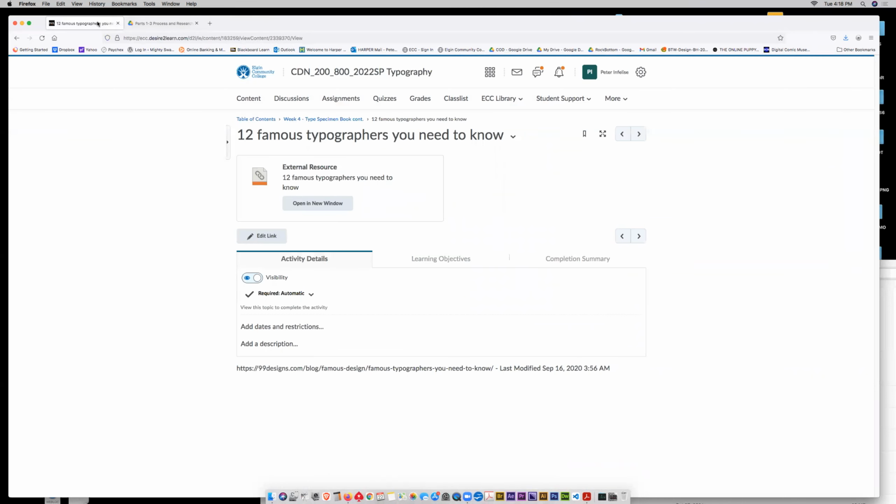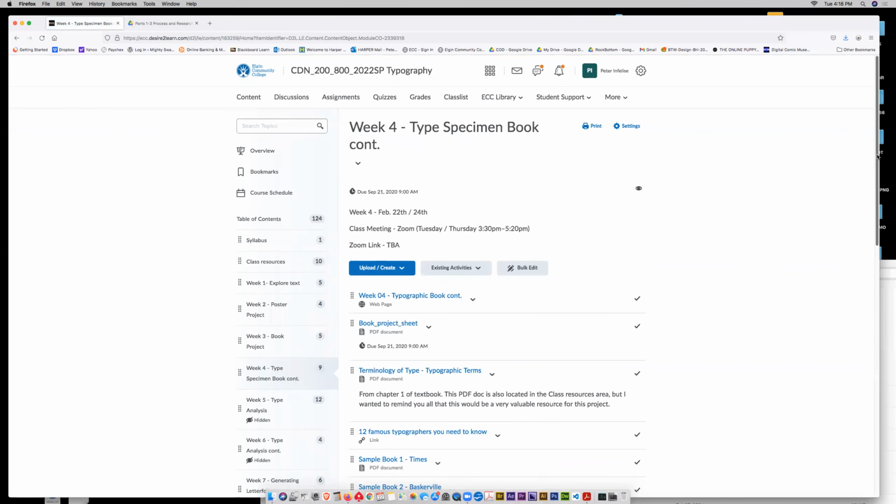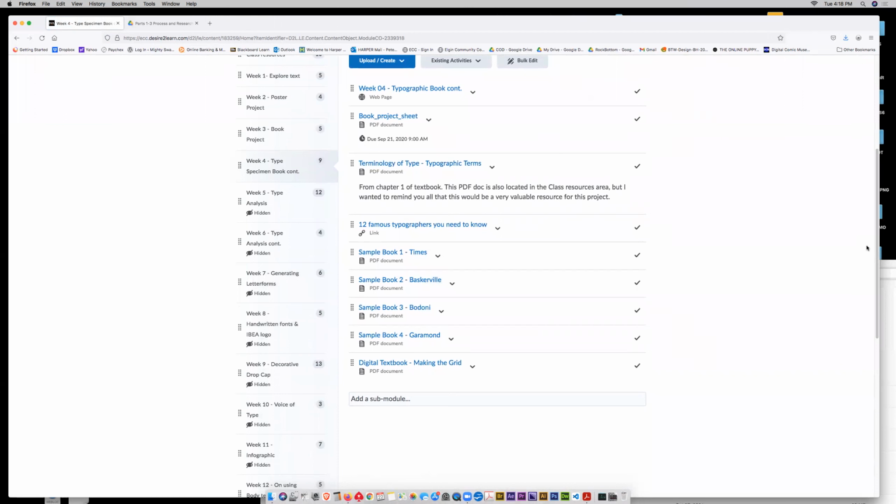All right, the last thing in here would be taking a look at some of these samples. These are all interesting samples in that they are not specifically a type specimen book. They're almost a hybrid of a specimen book. What they all did is they used famous bits of writing to build a semi type sample book. This will also show you some really nice examples of what I was referring to today in terms of listing the size and the weight along with the accompanying text that you're referring to.